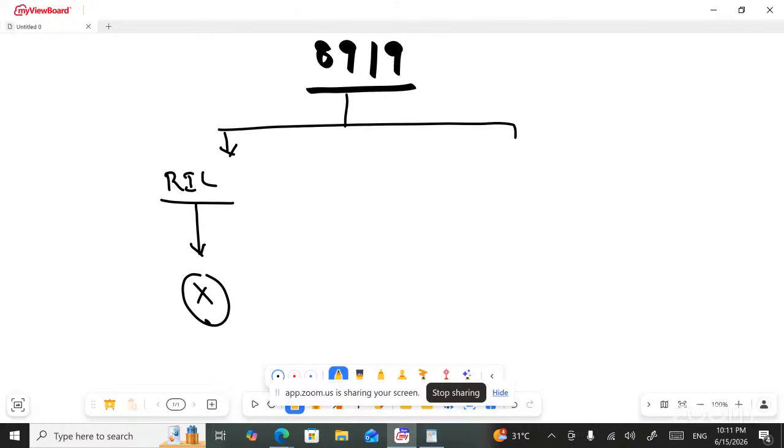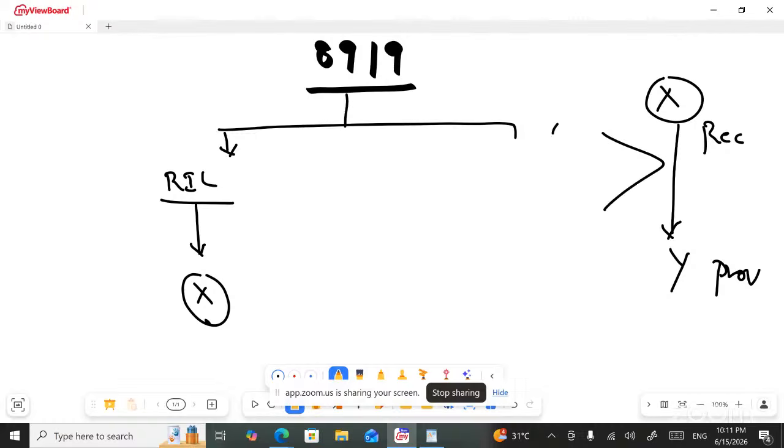Any person receiving any service, X is receiving one service from Y. Y is the service provider. X is the service receiver. The service can be divided into two types. One is employee type service and the other is independent contractor type.